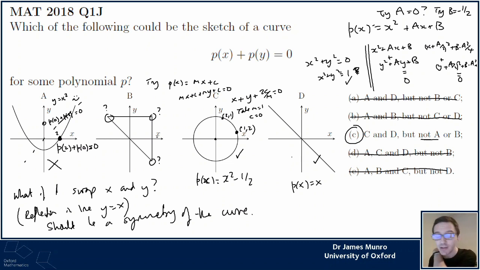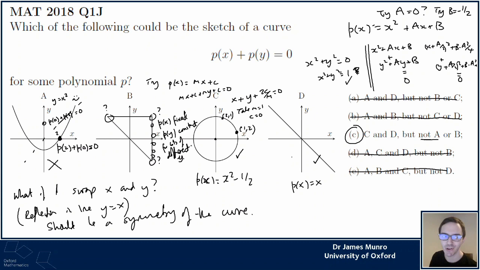In fact, B can't be done with a polynomial for a reason a bit like this. Think about what would be happening along these straight edges of this triangle. For example, here along this line, we'd have lots of points where x is fixed and p of y is constant, so it's taking the same value for lots of different y.